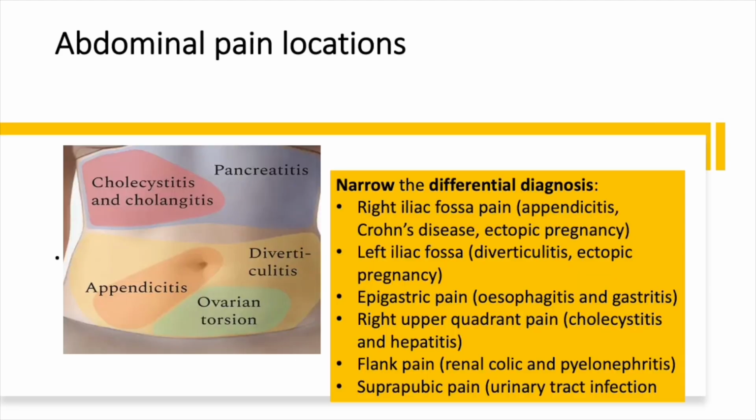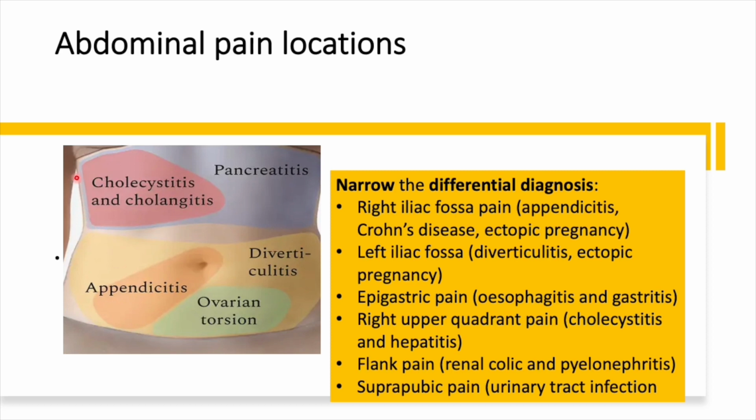Abdominal pain is one of the very important presenting symptoms of GIT disease. The location is one of the most important things that narrows the differential diagnosis. We can go by a quadrant approach, that is the right and left upper quadrant, right and left lower quadrant.